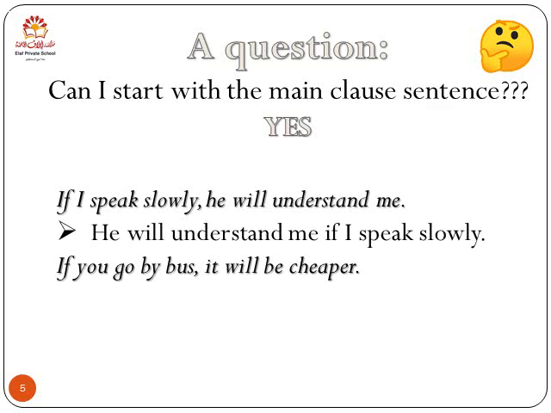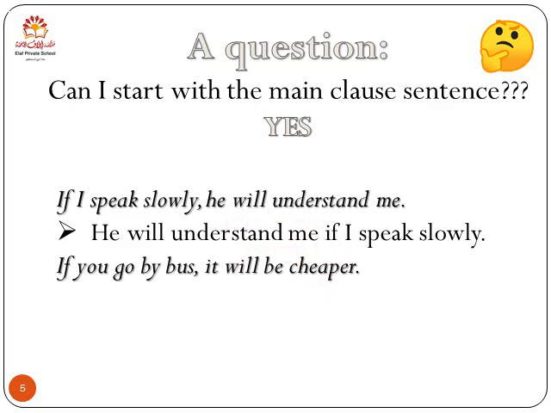Now, what's changed here? The change is in this comma. If you start with if, you have to put a comma, then he will understand me. But here, I did not start with if, so I would say, he will understand me if I speak slowly. There is no comma here between the two clauses, right?